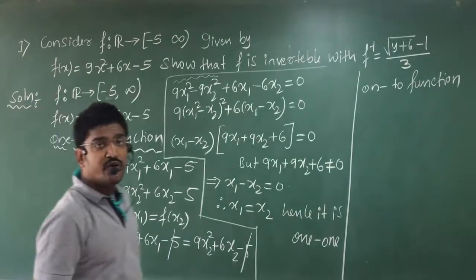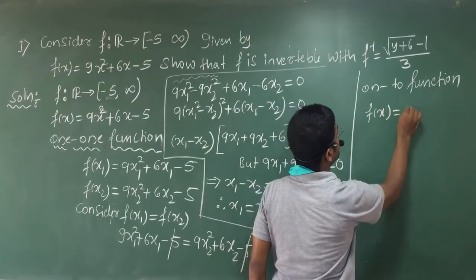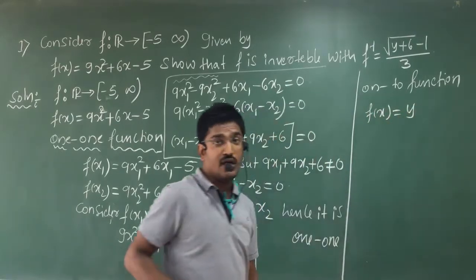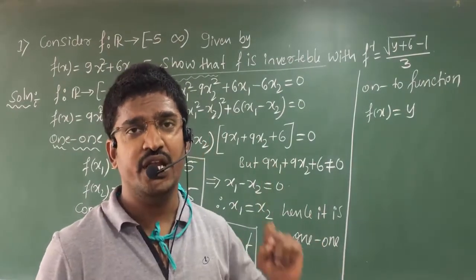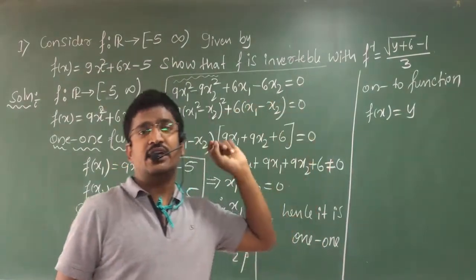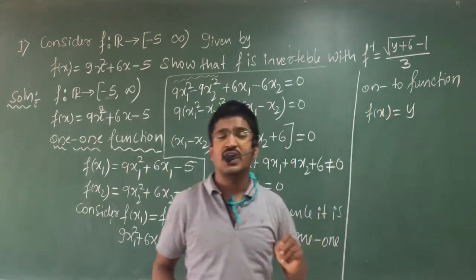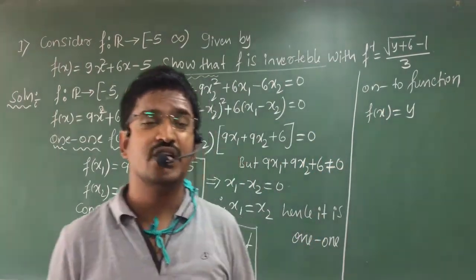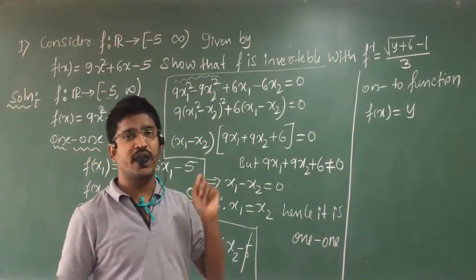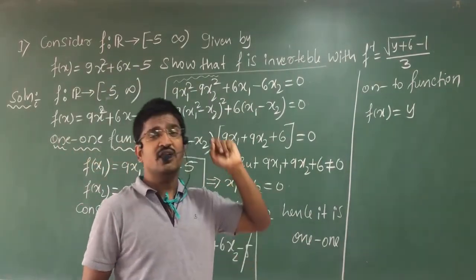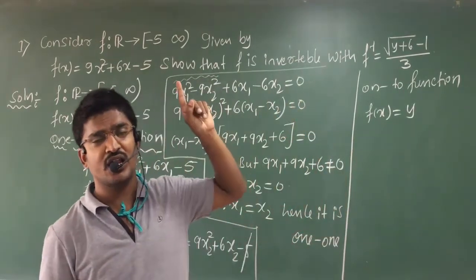For onto function, you have to write f of x equal to y, that is the notation. Again, I have explained the onto function in the previous video. You can see in my link. If you have doubts, go through my previous videos which are in the corner link.